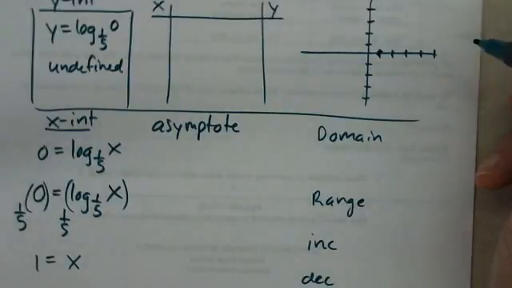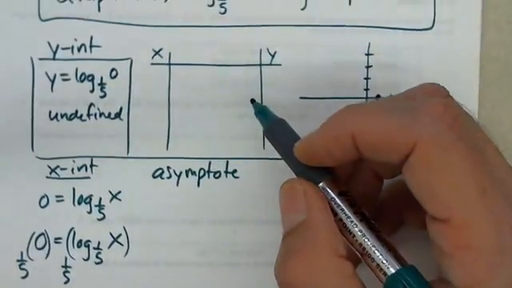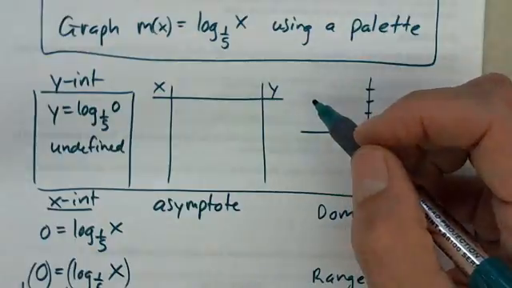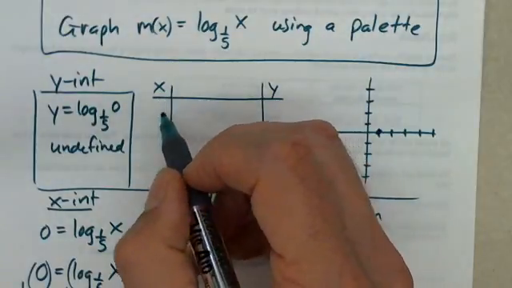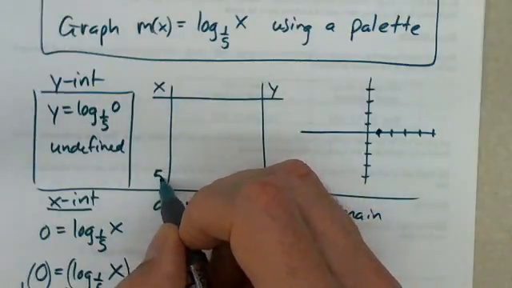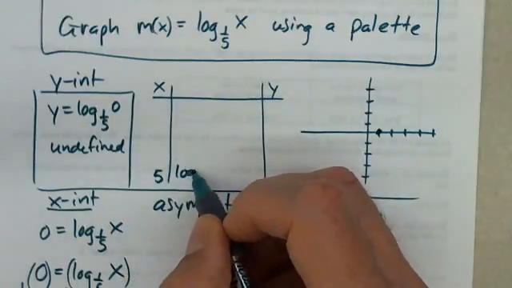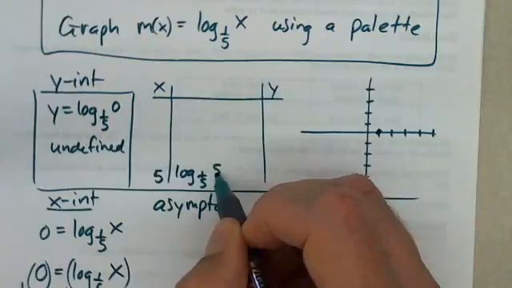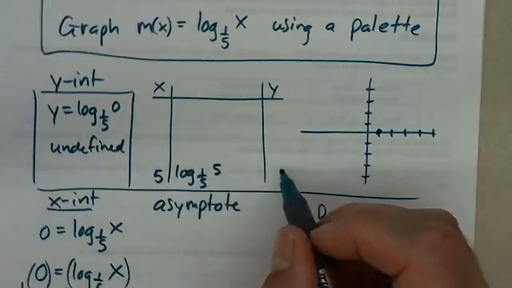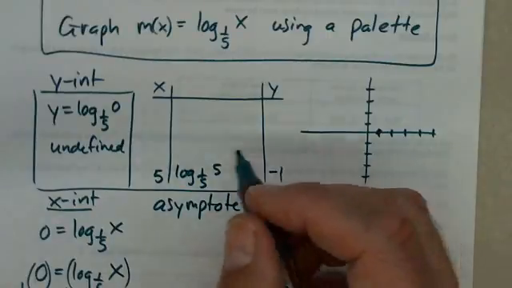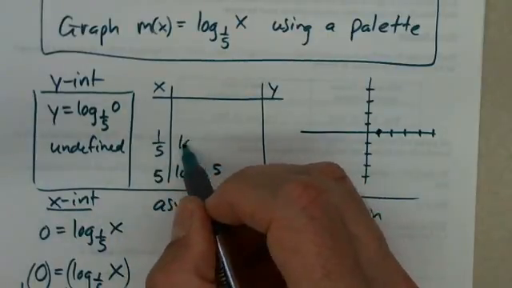And let's look at some good choices for x. So we have log base 1/5. So let's try 5. Log base 1/5 of 5. To what power do we raise 1/5 to get 5? That's -1. So let's try 1/5.